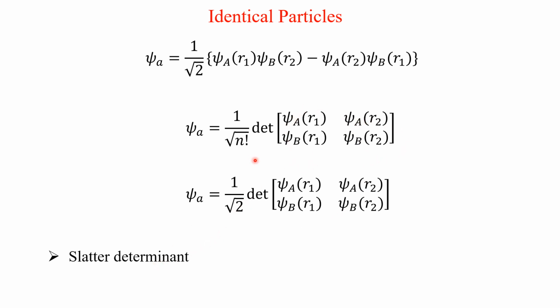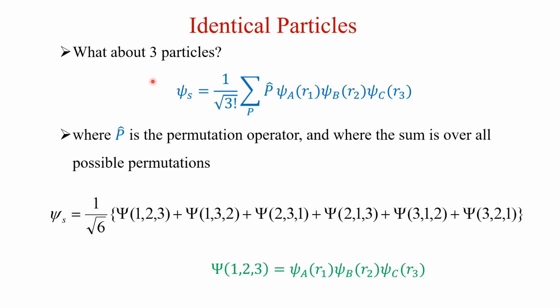This determinant is called the Slater determinant, where we get the negative sign automatically. We will understand this in a better way when we deal with the three-particle system. And now we will see the three-particle system.